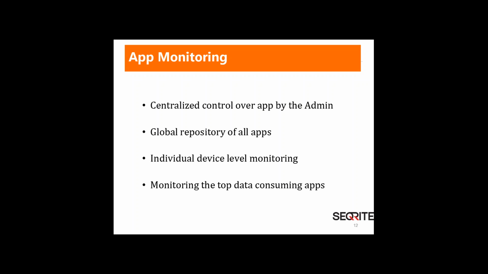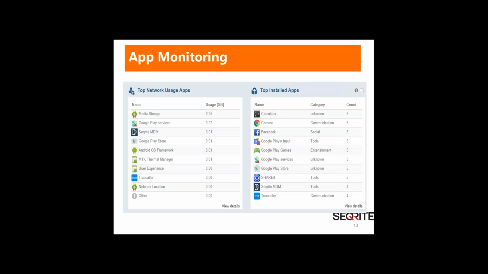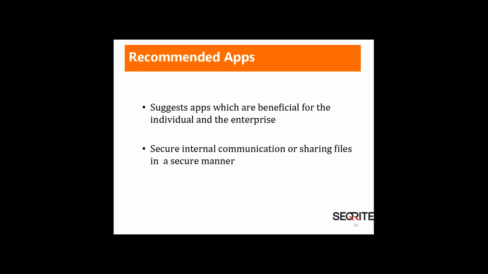As displayed in the screenshot, we have the list of top network usage apps as well as top installed applications in the organization. As for app control, as described by Rucha at first, we have few features which are namely recommendation of applications, uninstallation of application, and blocking of application. Let's first start with the recommendation of application.